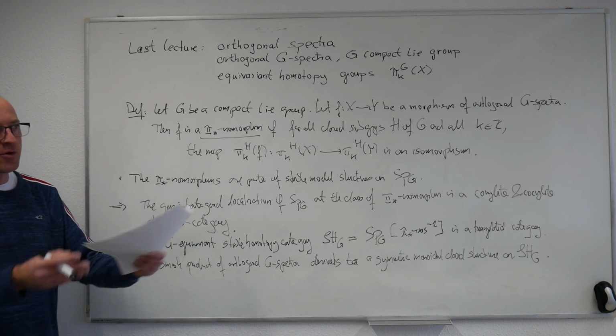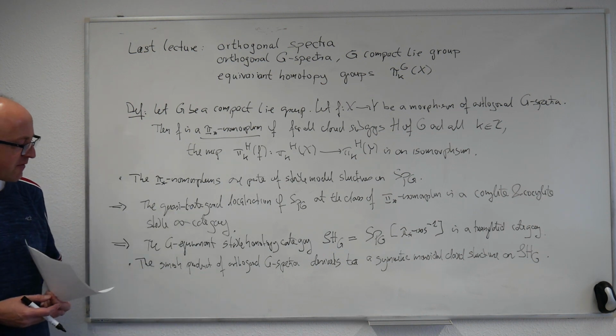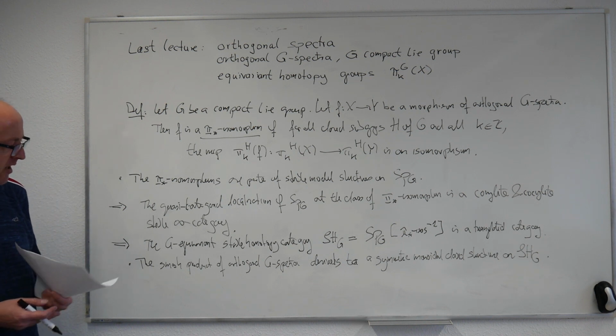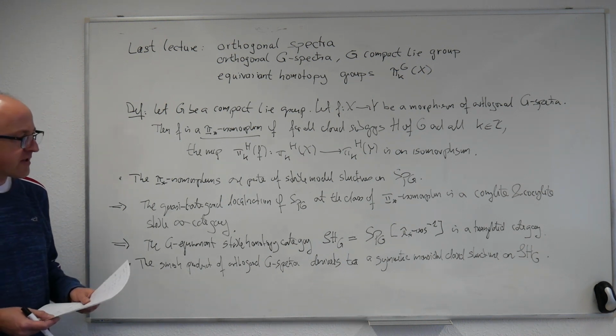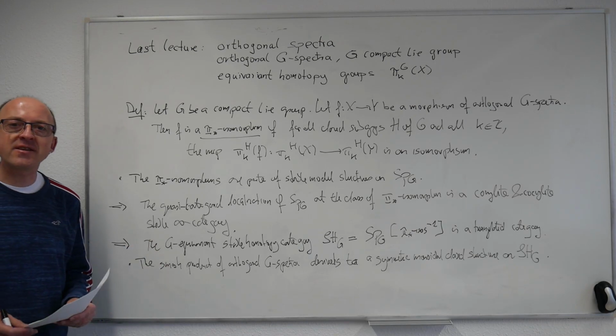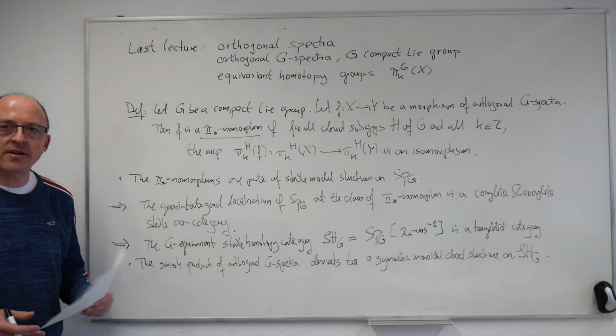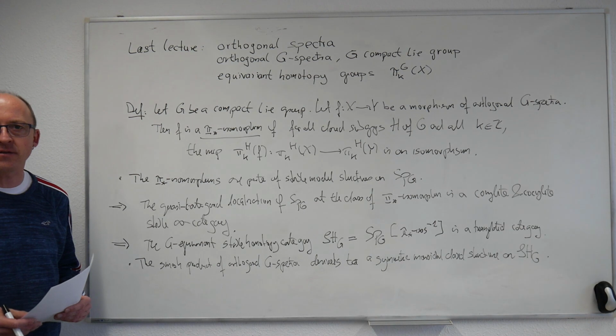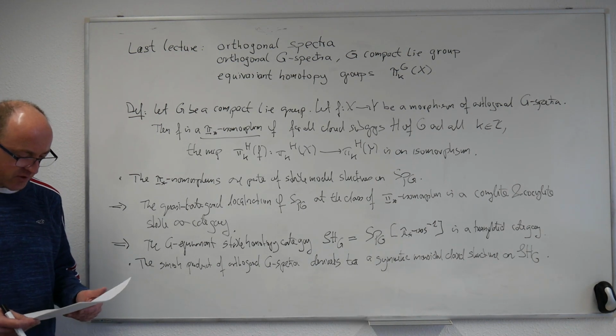Nevertheless, the kind of things I want to concentrate on will not really involve the smash product very much, so this won't play a particularly important role. Still, it's a good point to mention this here. So you can also summarize this by saying that the triangulated homotopy category actually has the structure of a tensor triangulated category under the derived smash product, where the equivariant sphere spectrum is, of course, the unit.